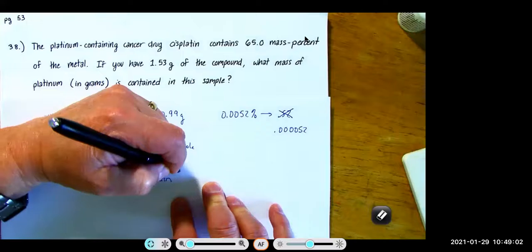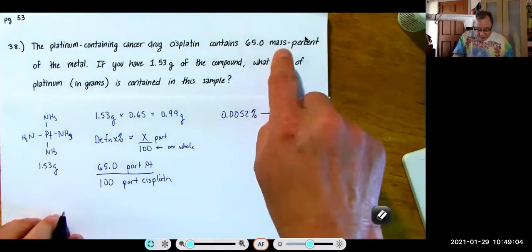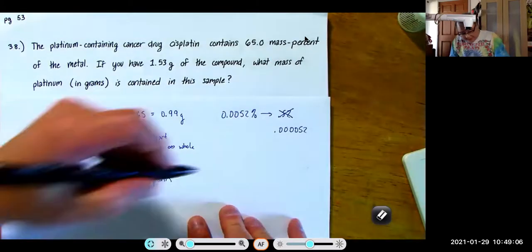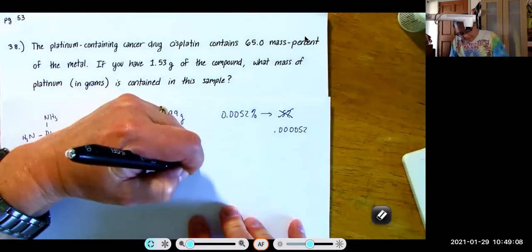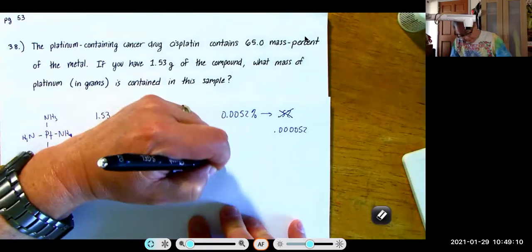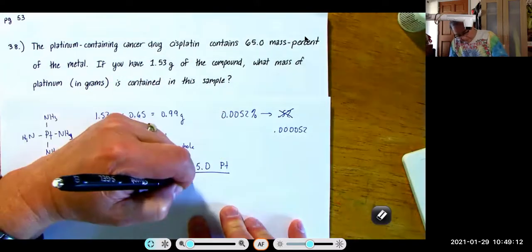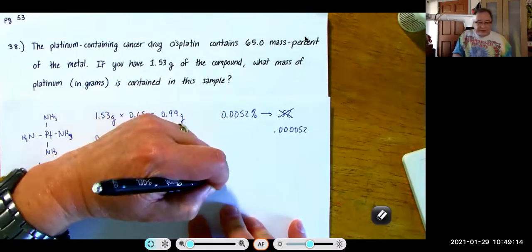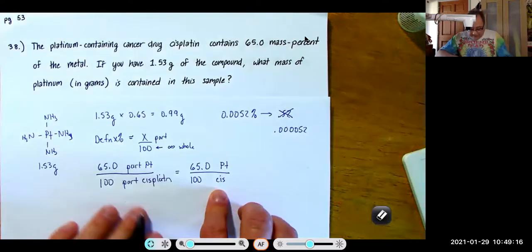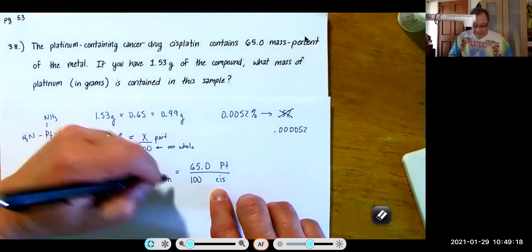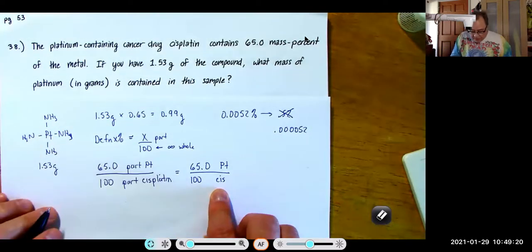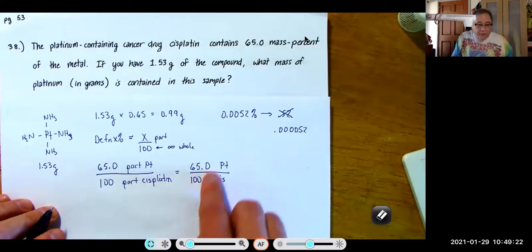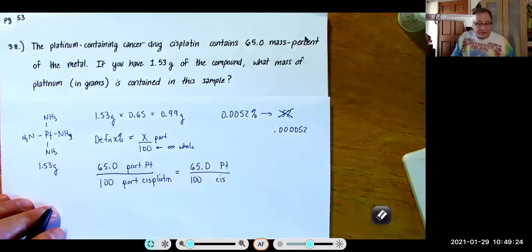Now, in this case, since they say mass percent, guess what the part is? It's a mass part. I'm just going to write cis because I don't want to write the whole word out anymore. I'm tired of it. So we can put any mass here we want. I could put pounds here.